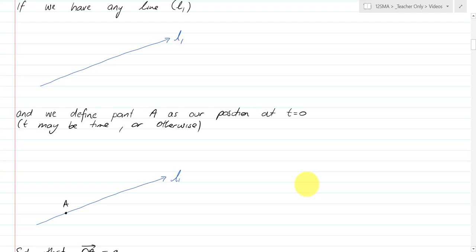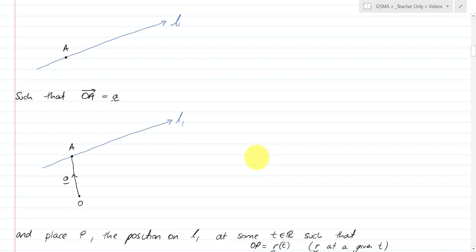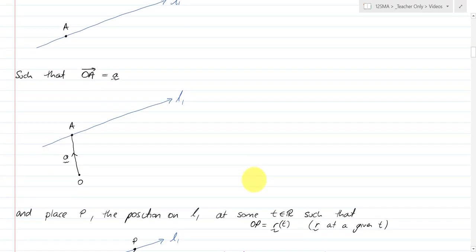So at t equals 0, time equals 0 in that sort of motion context, but lambda and mu come up a lot in this as well. So let's say we have point A there, and if OA is equal to the vector A, then we call the vector A our initial position vector.